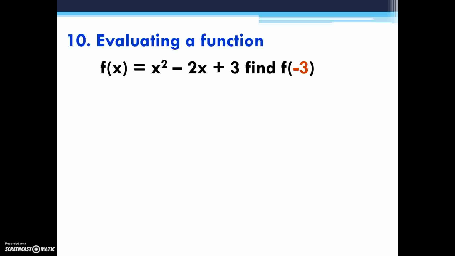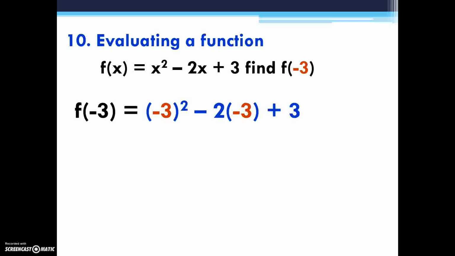This time, you have f of -3, which again means to plug in -3, or find the answer when x is -3. So you plug in -3 everywhere there's an x, including right here in the function notation.